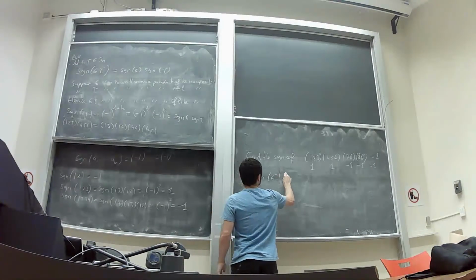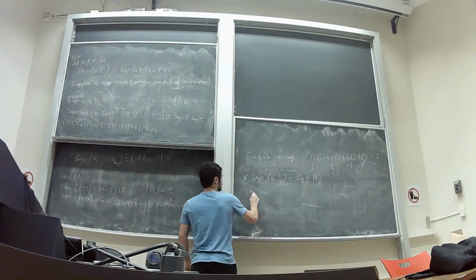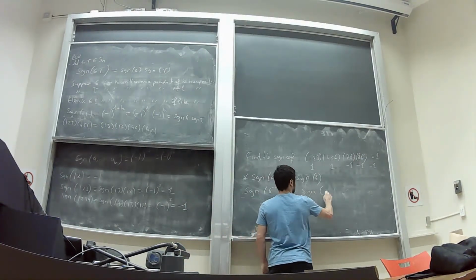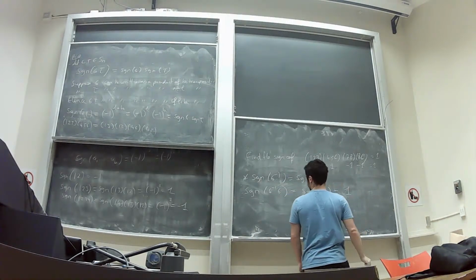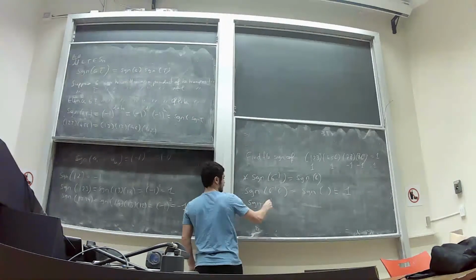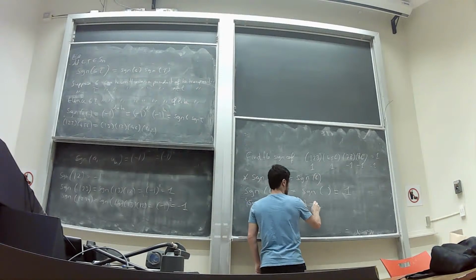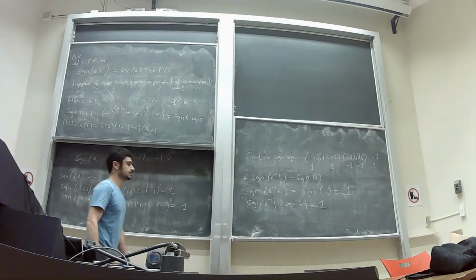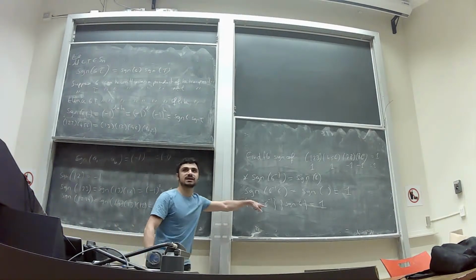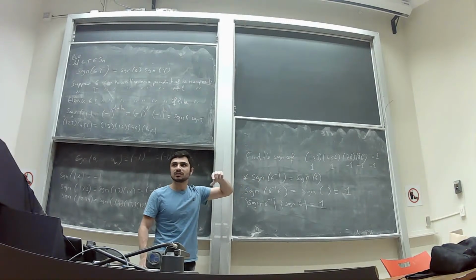The sign of sigma inverse is equal to the sign of sigma. Let's prove that. The sign of sigma inverse times sigma is the sign of the identity, which is 1. Now, the sign is multiplicative, so sign of sigma inverse times sign of sigma is equal to 1. Now, 1 over the sign of sigma is the same thing, right? 1 over plus or minus 1 is the same thing.